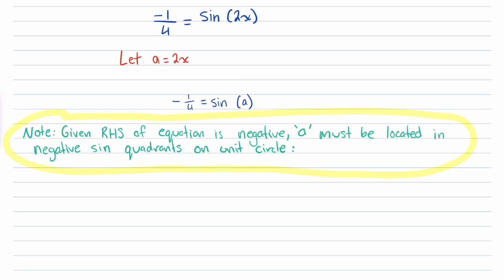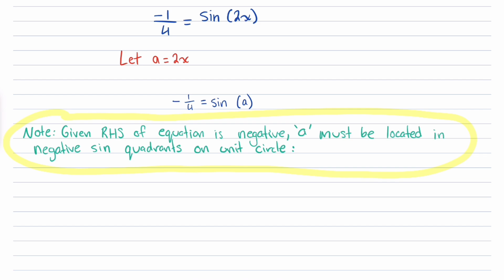And given that the right-hand side of the equation, the -1/4, is a negative value, that means that A, the angle, must be located in the negative sine quadrants on the unit circle. Unfortunately, in this video, I'm just assuming that you have a good understanding of the unit circle. I might make a video on the unit circle, but I'm not too sure yet. If I do make a video, it's going to be in about a week or two from now.